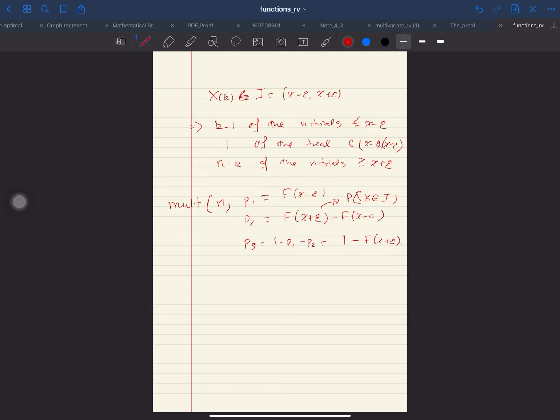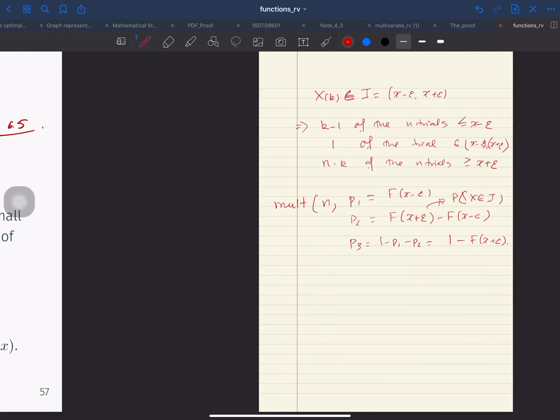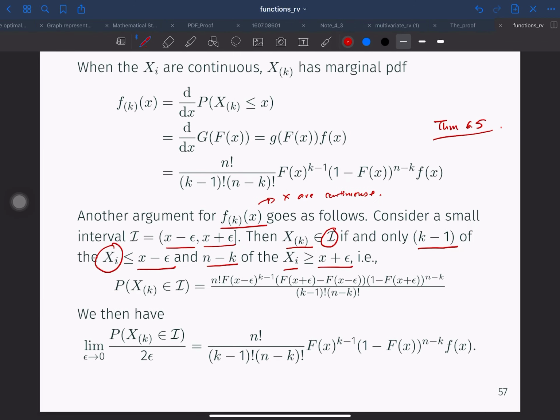So therefore, in that case, the multinomial will say that the probability is given by n factorial divided by (k minus 1) factorial, 1 factorial, (n minus k) factorial. So you have (k minus 1) factorial and (n minus k) factorial, because 1 factorial doesn't matter.